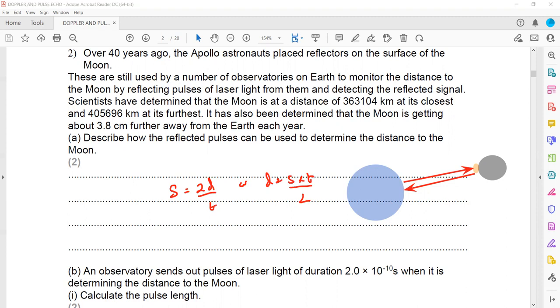That is electromagnetic radiation, light rays, so 3 × 10^8. And what about this t? We can record the time. T is the time for the return trip. So T is the total time, the time to travel and return back, and that product divided by 2 gives us the distance between the moon and the Earth.